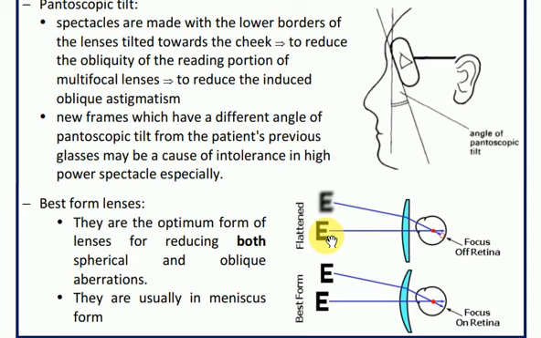Such lenses are known as best form lenses, and they are usually in the meniscus form. This is the meniscus form.